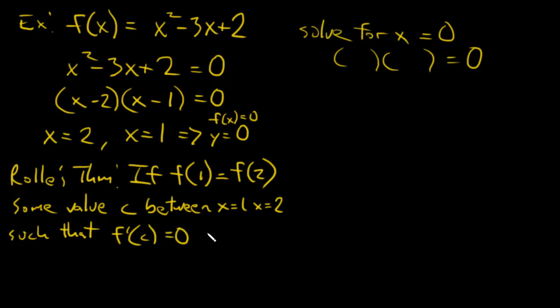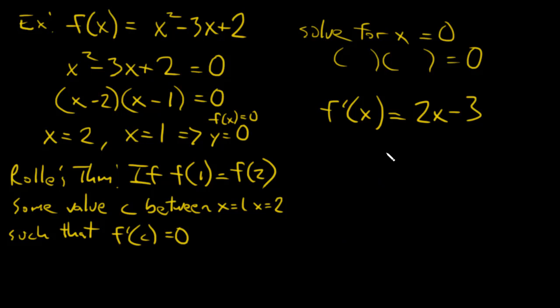Okay? So now let's lock that down with some calculus, because I can actually solve this. Let's see, so all I have to do is take the derivative of my f of x, so f prime at x is going to be the derivative of this. What's the derivative? Well, it's going to be 2x minus 3.